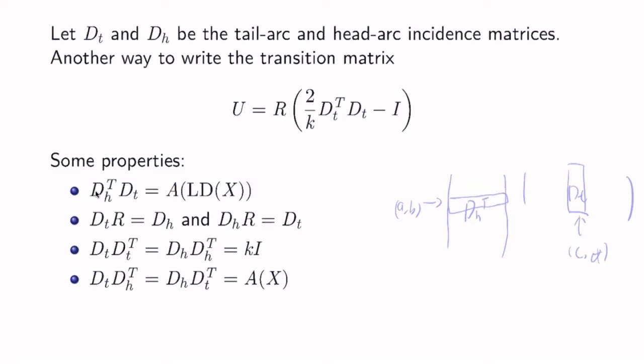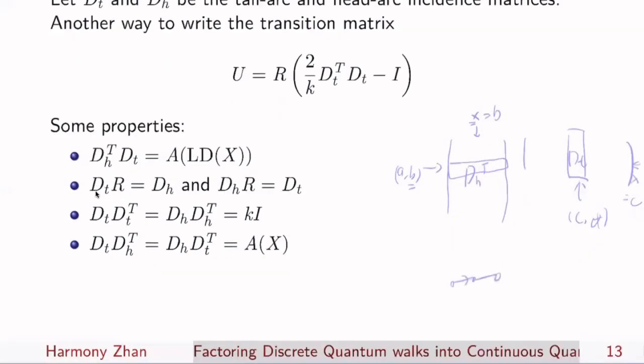But these two rows and columns will overlap only at the position x, where x is equal to b, because it needs to agree with the head, and x is equal to c because it has to agree with the tail. In other words, we see a 1 if and only if b is equal to c, or those two arcs form a dipath of length 2, a, b, c, d. So D_H transpose D_T is precisely the adjacency matrix of the line digraph.